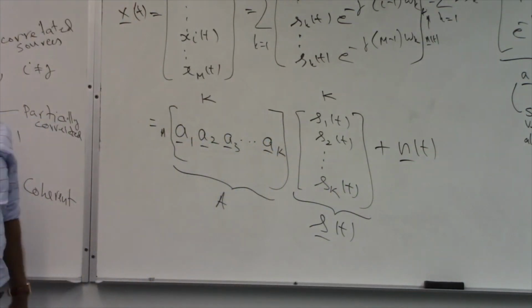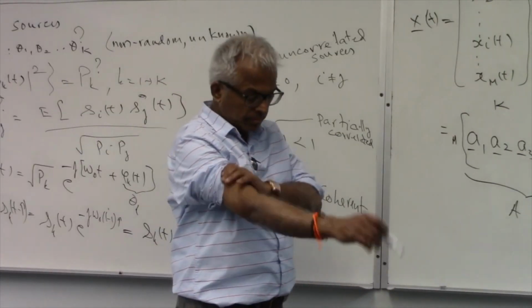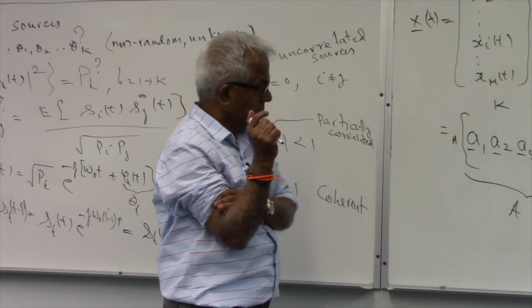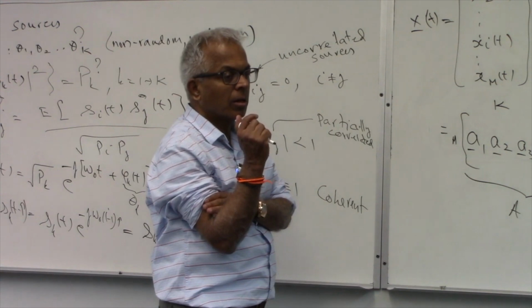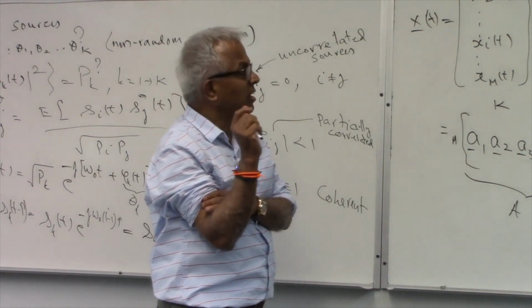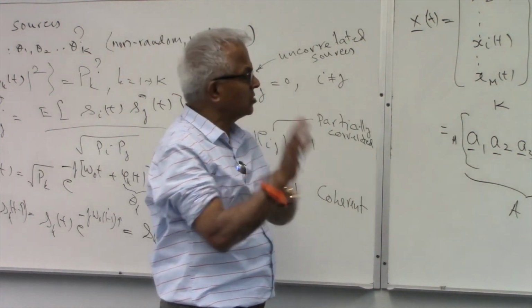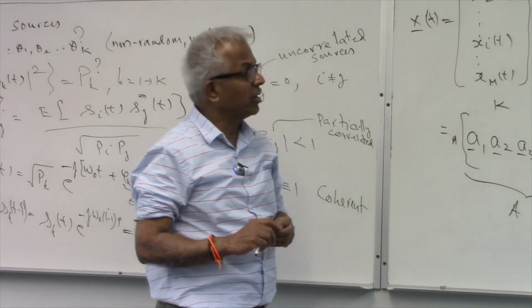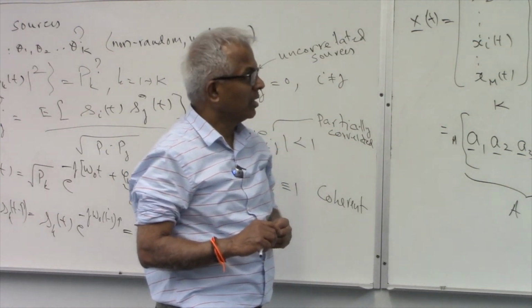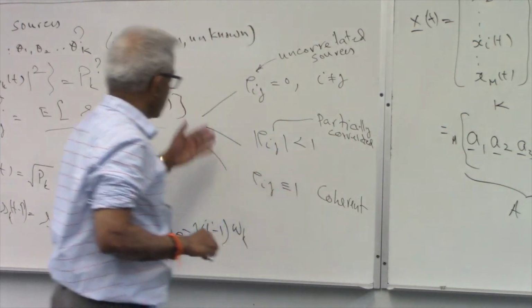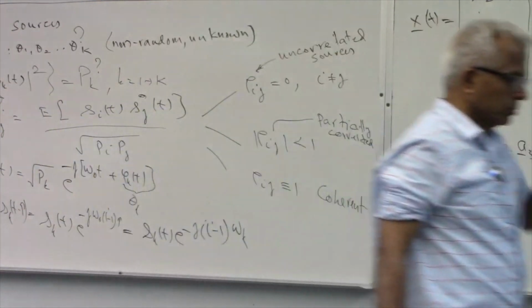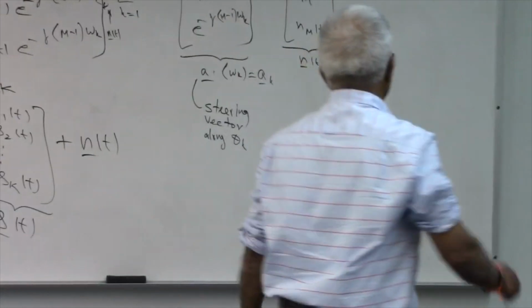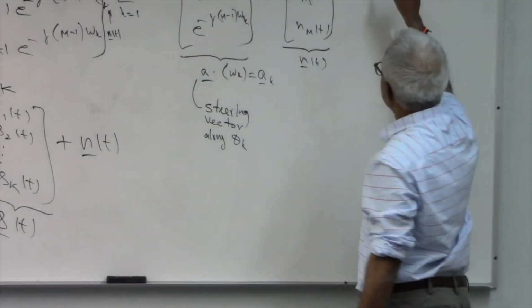So in any model, when an array receives signals from multiple sources, this is the mathematical model we have, right? Like the signals I talked about, 3 different cases. Similarly, let me also tell you the different situations of noise.